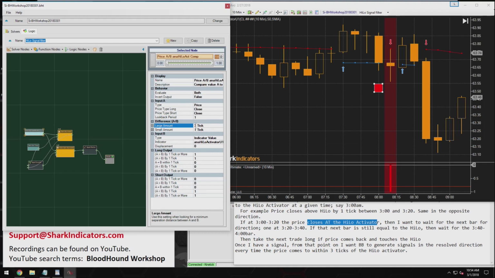We'll exaggerate this. Actually, let's just go 5. Let's make a stricter requirement of 5 ticks like that. Oh, actually, that's right. The indicator's plotting up here, so that's quite a few ticks away. Okay, well, so much for testing that idea. But I'm confident it's going to work here.